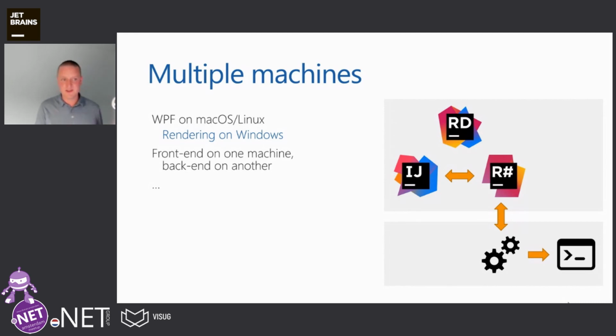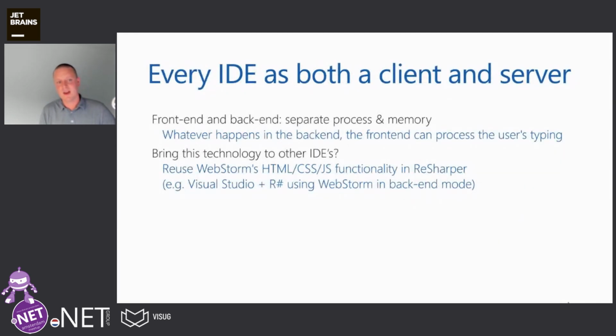Using the protocol, using this microservices-based architecture, we could do this in theory. We could run the front ends of the IDE on one machine and run the back end on another machine. So things like doing a live share kind of thing could also become possible thanks to this protocol.